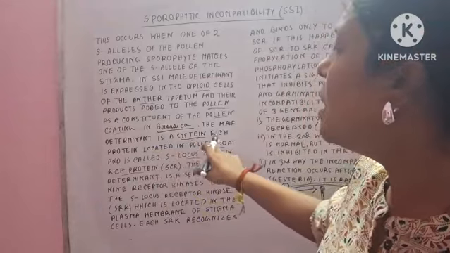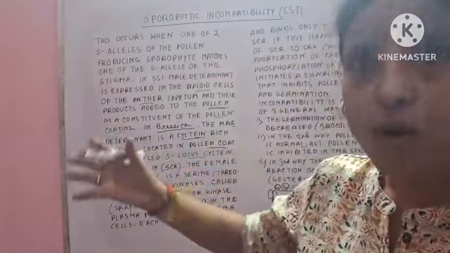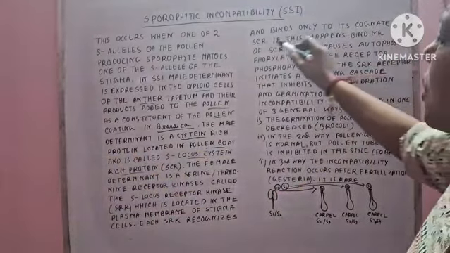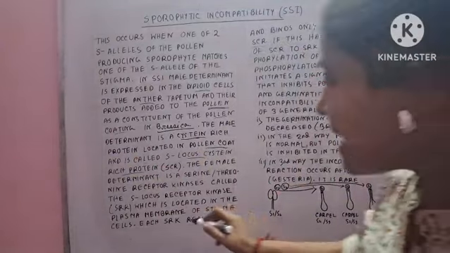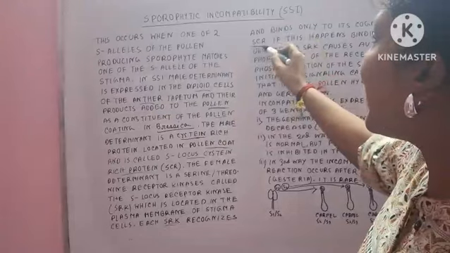And SCR is located in the pollen coat, in the pollen, and binds only to the cognate SRK.